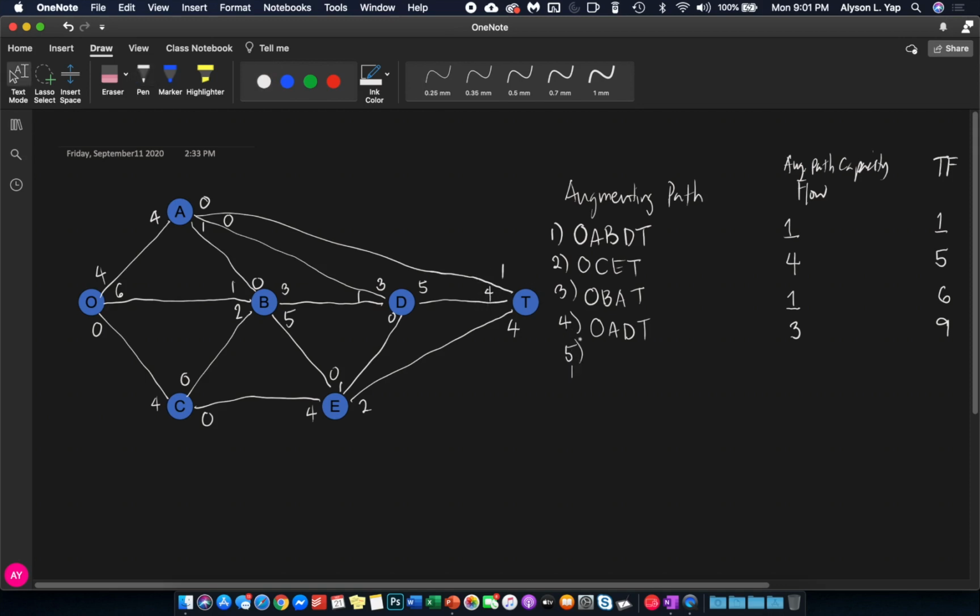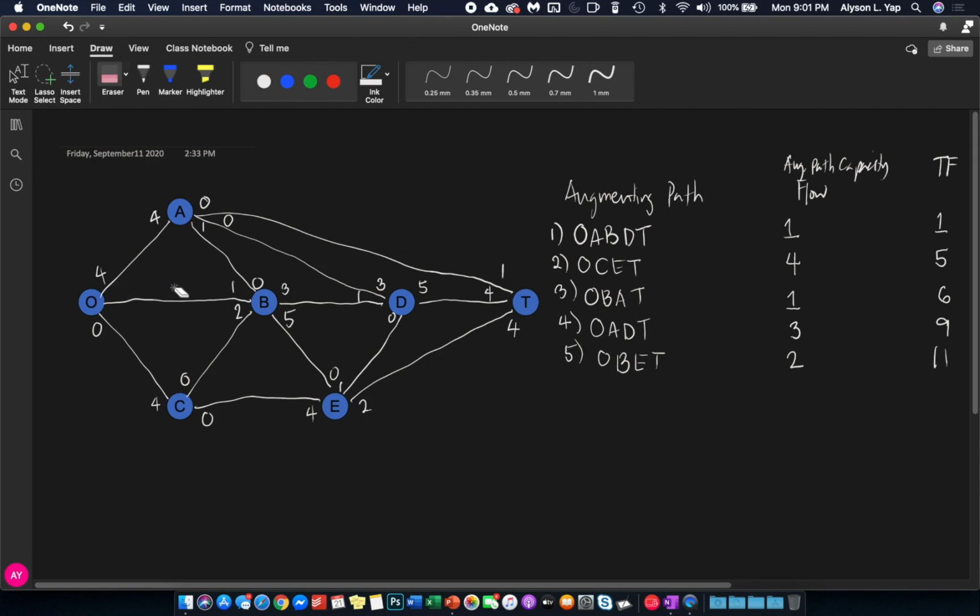Next, let's look for other augmenting paths. O, B, E, T. So that's a 6, 5, 2. Therefore, we have a capacity of 2 and the total flow is 11.